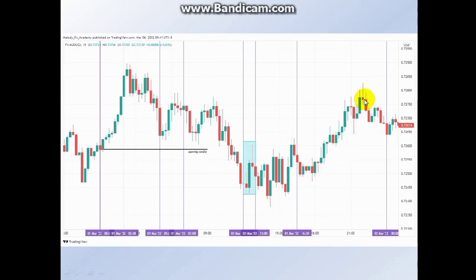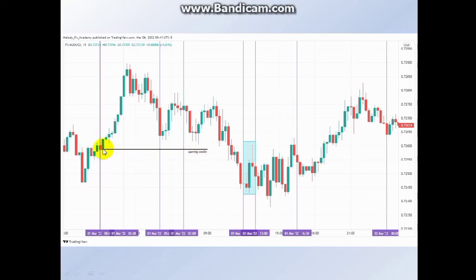Okay, you don't want to overtrade, you don't want to give back to the market what you have already taken from it. Okay, so now this is how you delineate the time windows on your chart. So this is that opening candle from the 1 hour translated to 15 minutes.